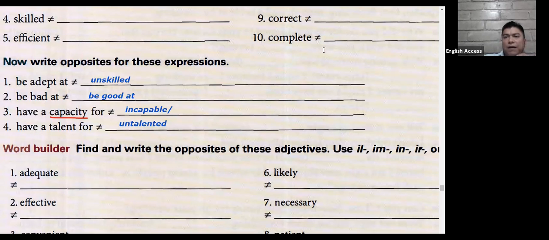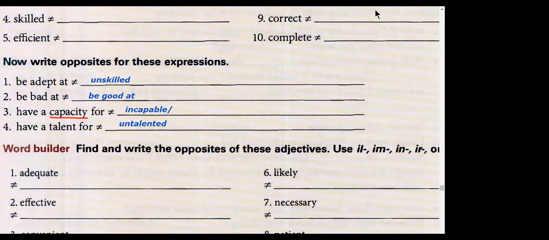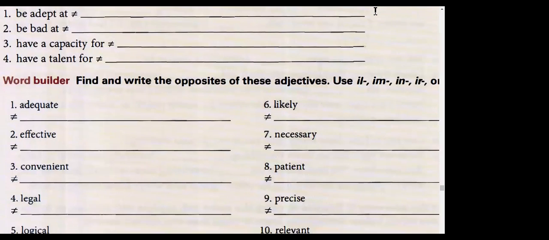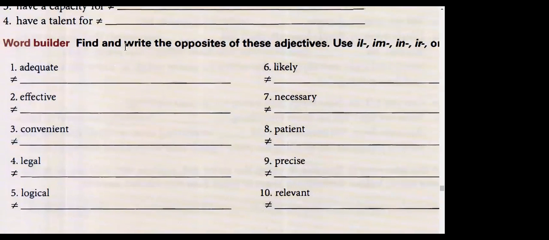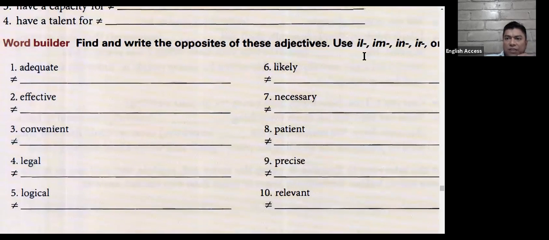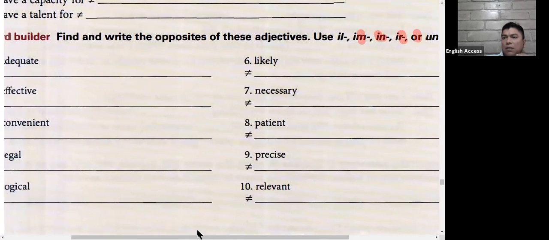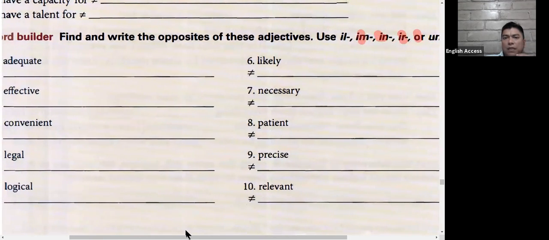Guys, what do you think? What do you have? Diana, Leslie, and Eduardo. I agree. Awesome. Very good. And the last one, word builder. Find and write the opposite of these adjectives. Use ill, im, in, or what is the last one? On. All right. So I guess that should be easy enough.